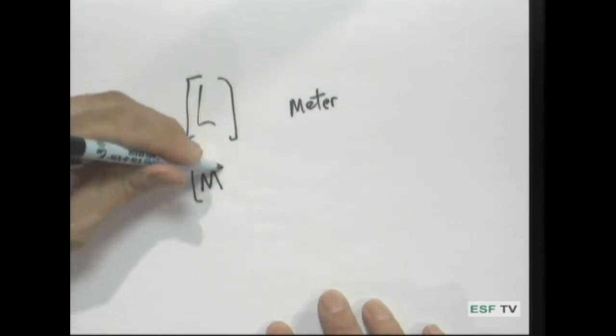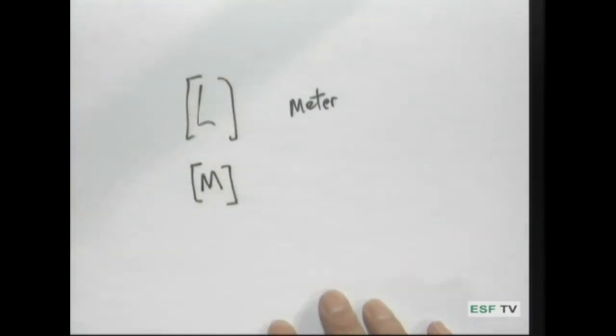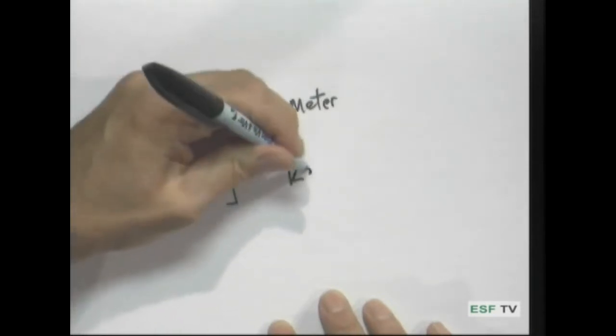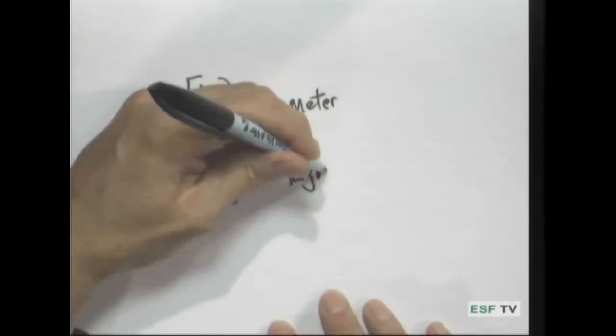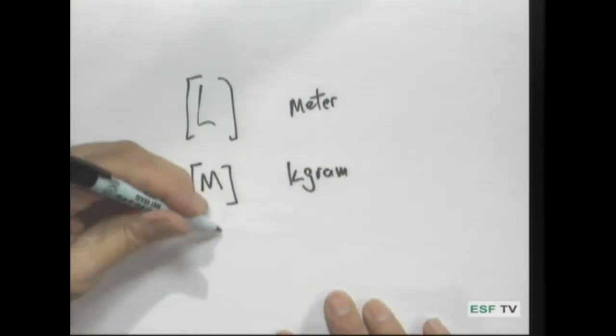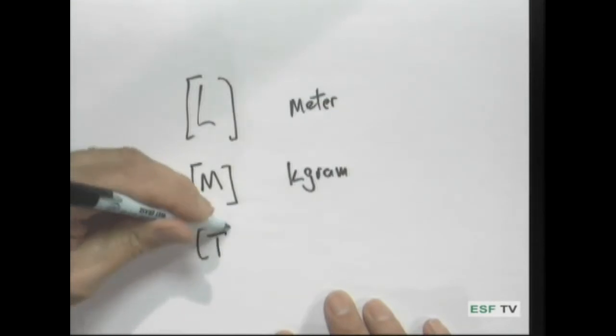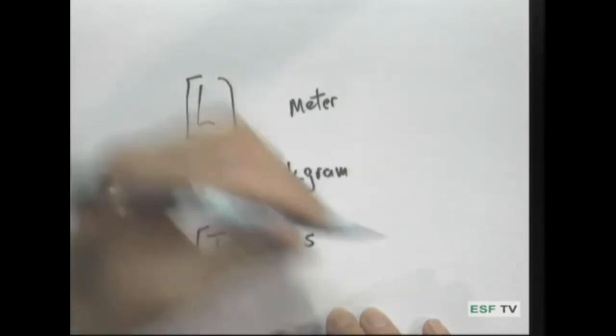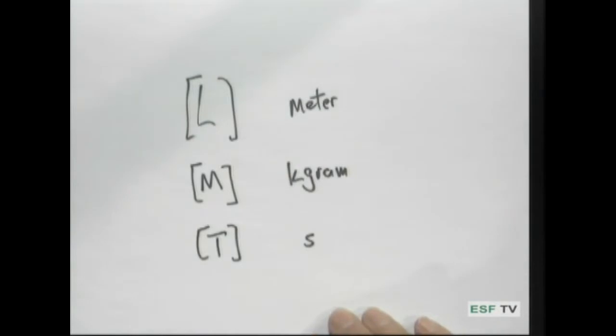Again, the gram was not all that convenient, and so what these scientists agreed upon was that instead of the gram, the kilogram would be the standard unit of mass, and then time, seconds, that was okay. So they kept the second as the unit of time.